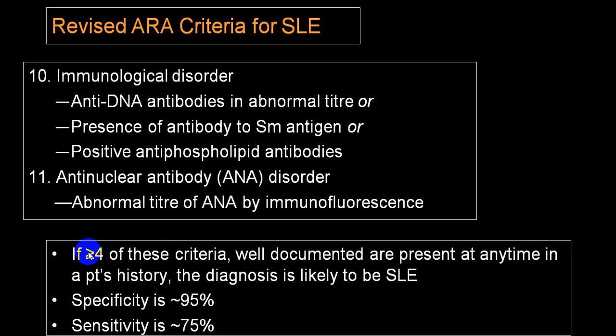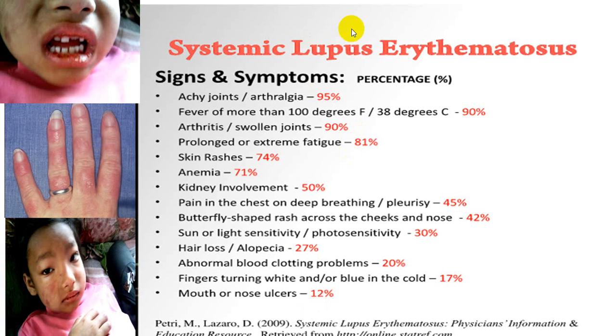If you come across 4 or more of these criteria out of these 11, definitely it goes in favor of SLE. And as for specificity and sensitivity, specificity is almost 95%. If you just look at this, arthralgia is in almost 95%, fever in 90%, arthritis in 90%, fatigue 81, skin rash 74, anemia 71, kidney involvement in almost 50%.